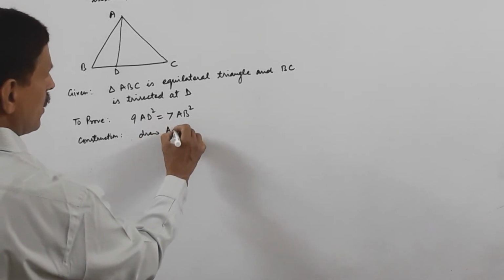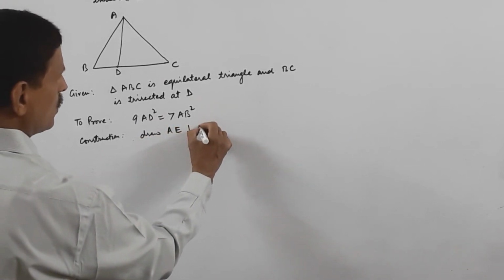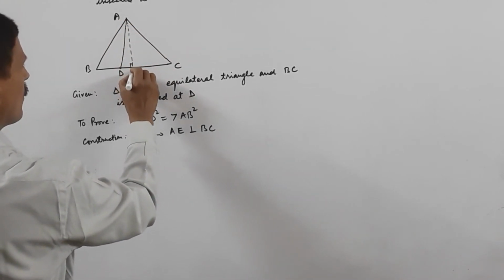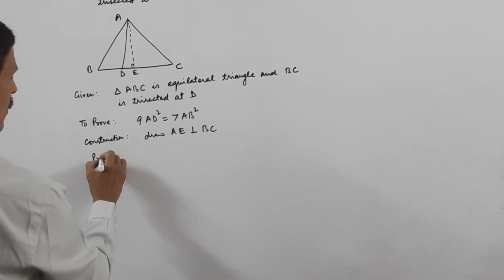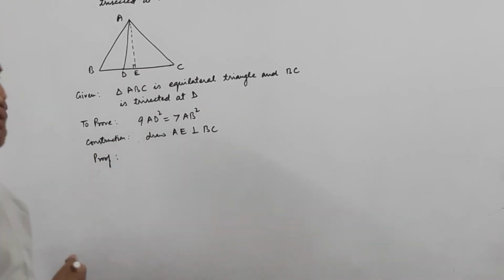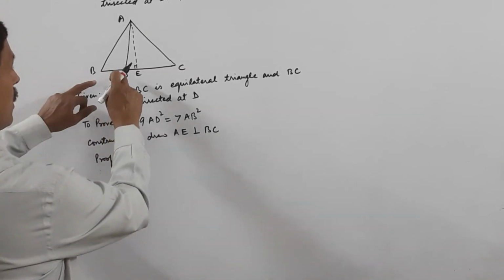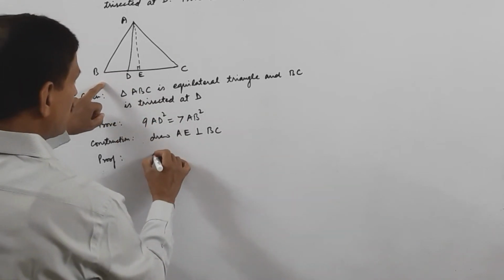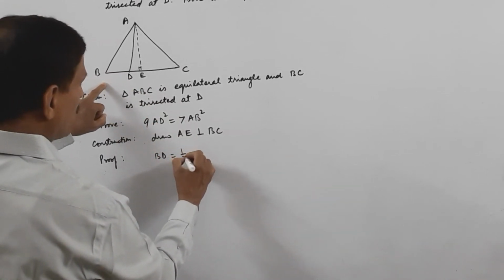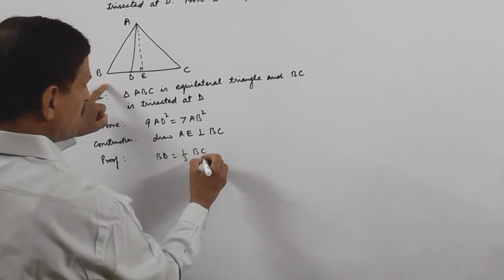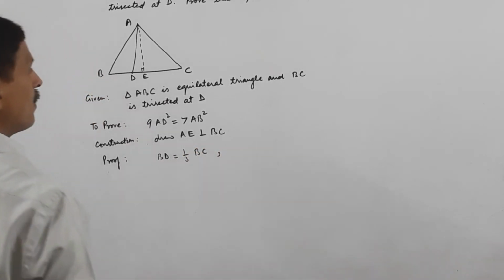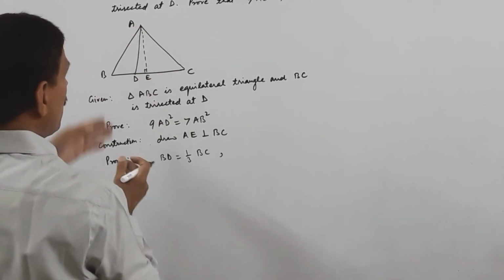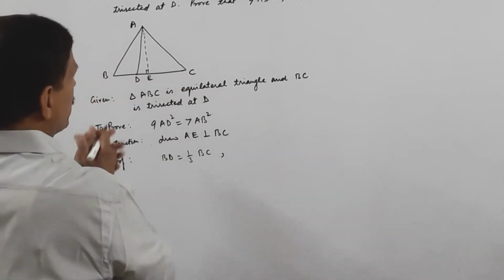Draw AE perpendicular to BC. Proof: because BC is trisected at D, it means BD is equal to 1/3 of BC. In an equilateral triangle, the altitude is also the median.